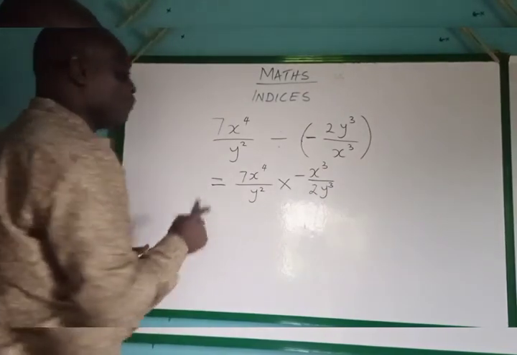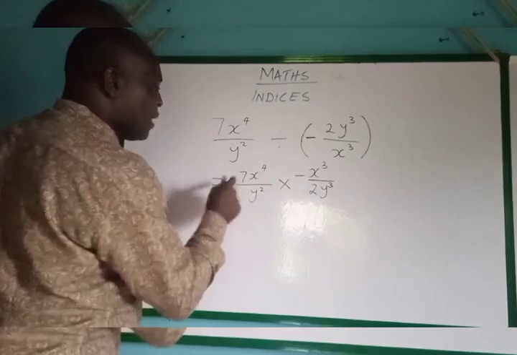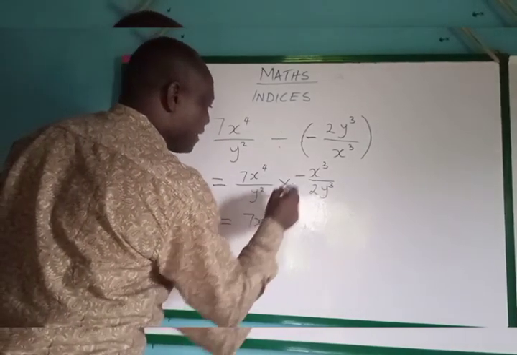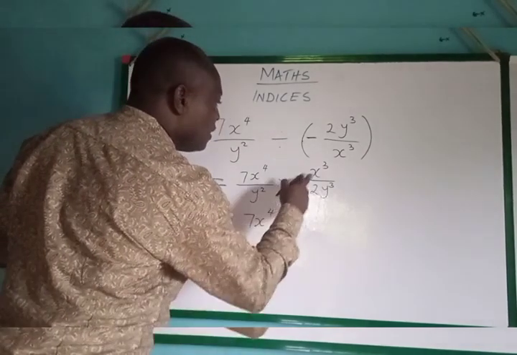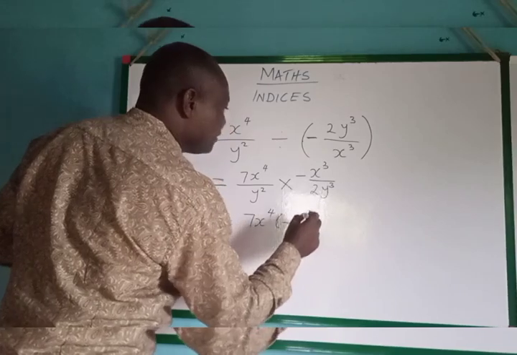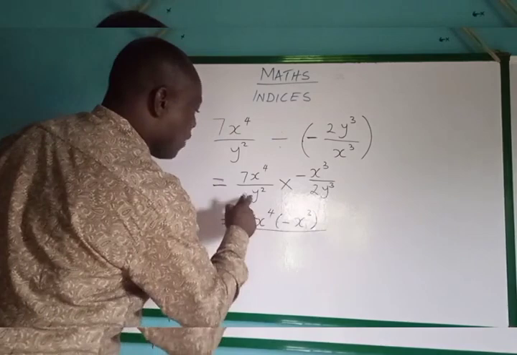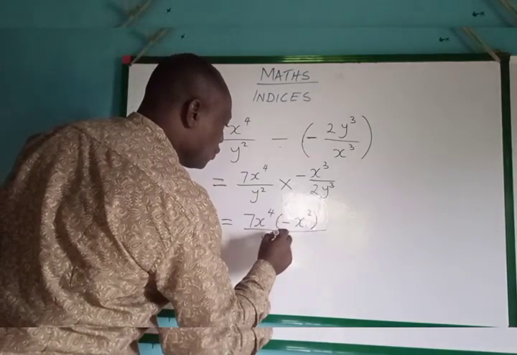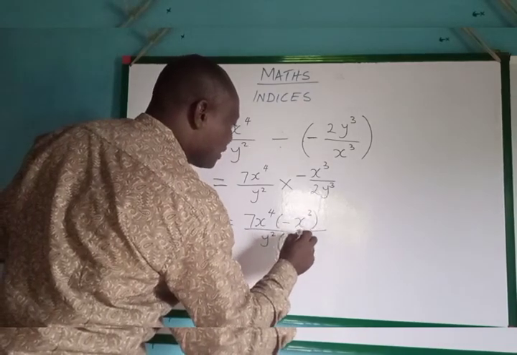So let us go. Now we have this expression. On the numerator we have 7x raised to the power 4 times minus x raised to the power 3, all over y raised to the power 2 times 2y raised to the power 3.